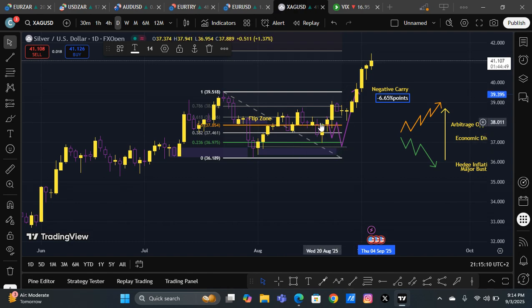Most of the time, the silver US dollar does not reverse on the 23.6. The fact that you see it reversing, normally it reverses at the 38.2. So it normally comes back after rejecting from the 50, it comes to the 38.2 and it takes off from there.